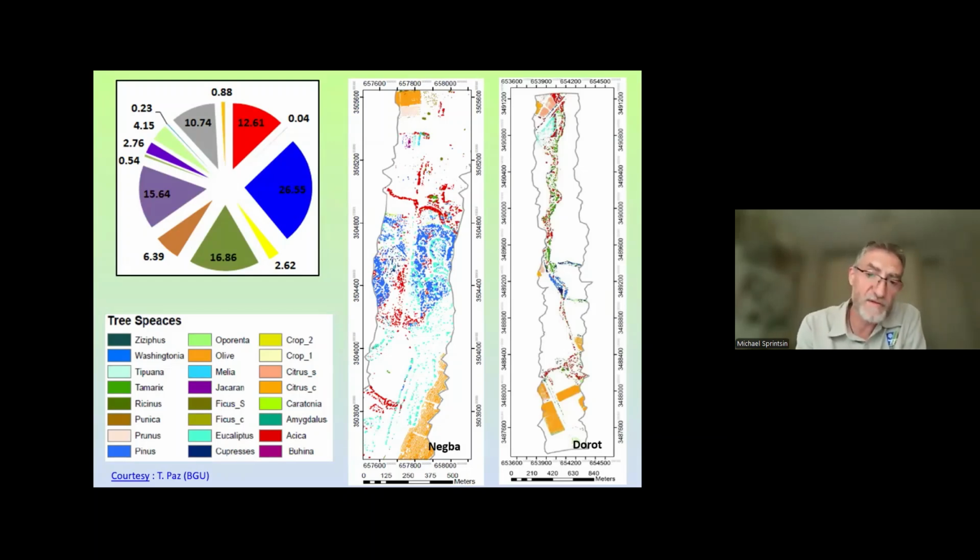The environment was, believe me, very complicated. Okay, you see the species composition is quite unusual. This is how we use the hyperspectral tools in mapping and species detection.